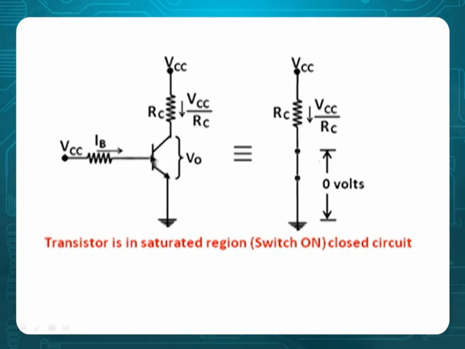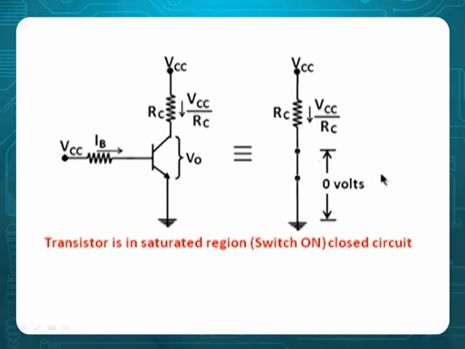When the transistor is on, the output is short circuit. If this output V0 is 0, acting as 0 volts, then what is the current in this branch? VCC by RC is the current in this branch. Similarly, this is the transistor circuit, and this is an equivalent circuit. This is the electronic circuit, this is the electrical circuit.